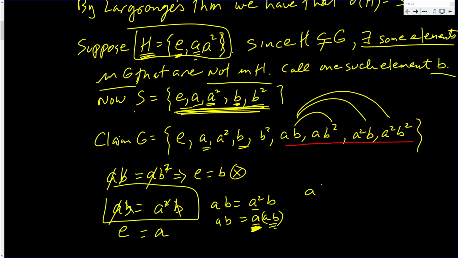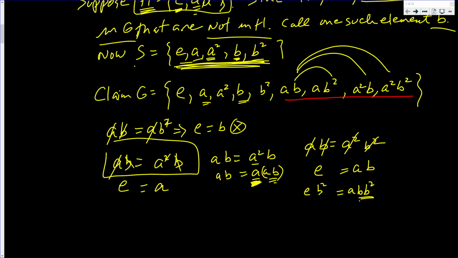Now we have AB, we're considering this. Well, if I kill off an A on the left and a B on the right, the left side is E, and I get AB is equal to E. If I multiply both sides on the right by B squared, that's E. So I get A times E, and here I get B squared.